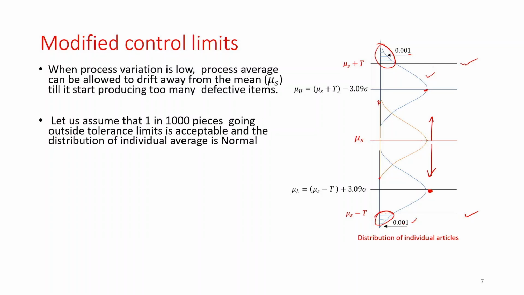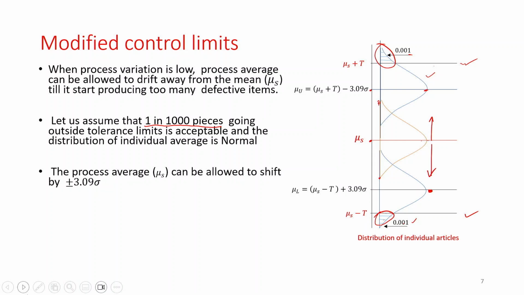So if this is acceptable to us, the allowable shift is from this location to these locations. That means the process average will be allowed to shift by how much?